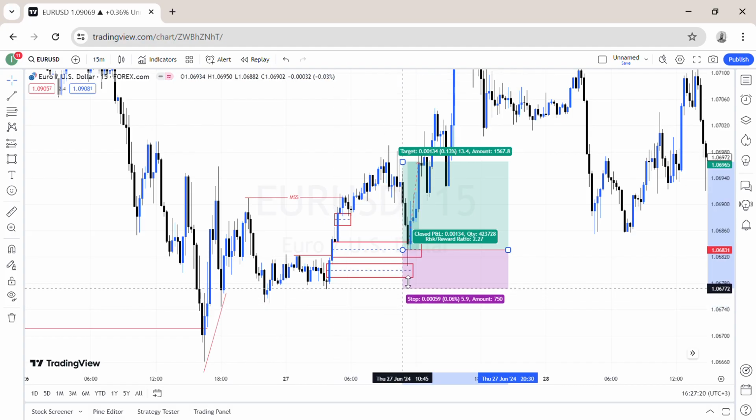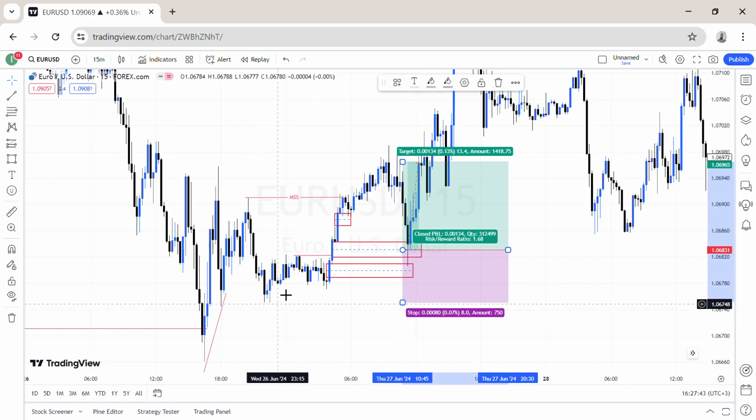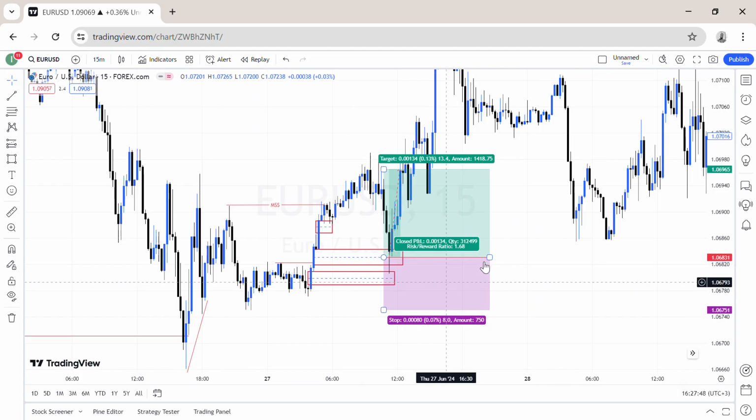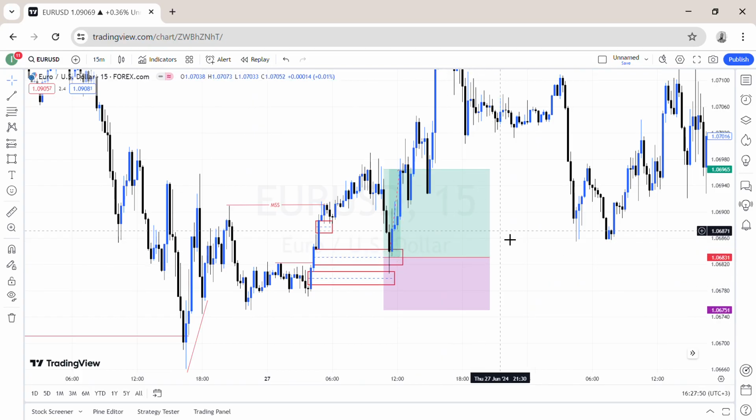Because you don't want to place a stop loss just a pip below your entry, because who knows, maybe the price would trade into this extreme point of interest, the extreme fair value gap at the discount. So you wouldn't want to risk getting stopped out. So you would want to place your stop loss below or at this swing low, this one. So you would probably be risking 8 pips, yeah, 8 pips.